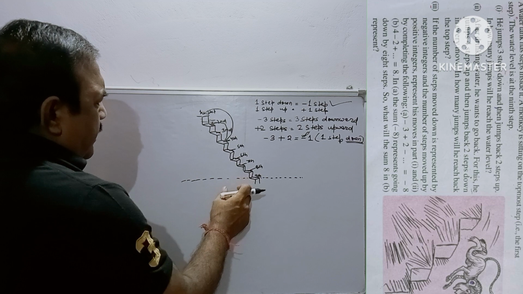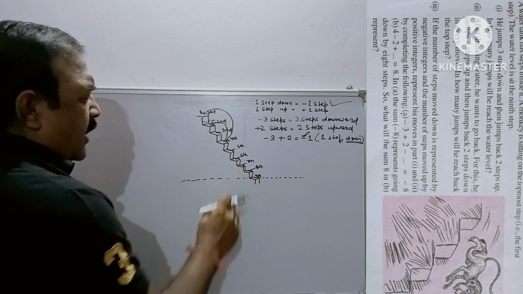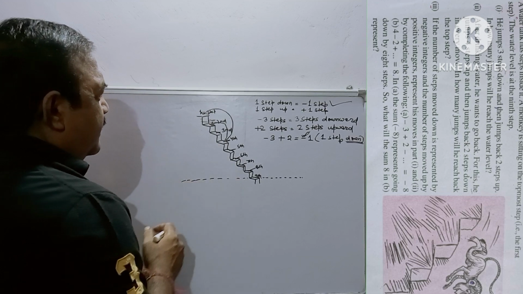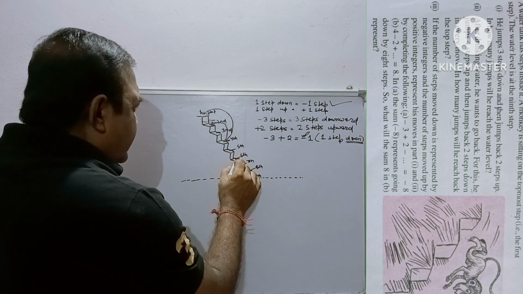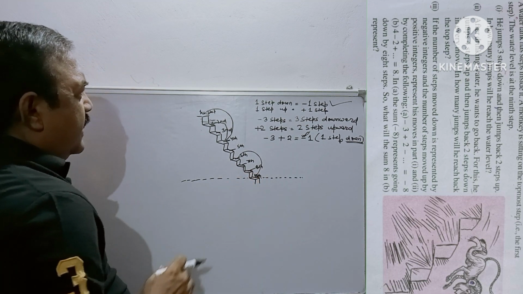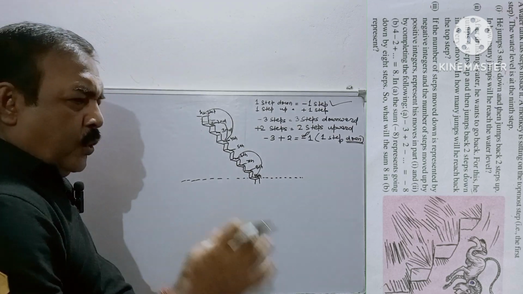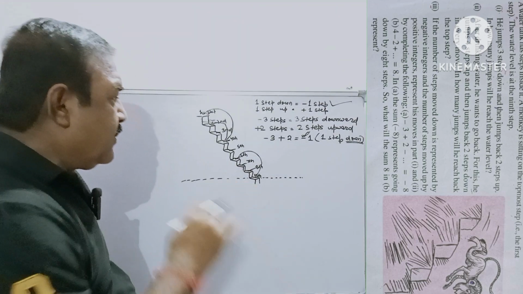So you see, when the monkey will be on the 9th step, there will be a single jump from 6th step to 9th step. Why? Now, when he steps down in a single jump, he moves 3 steps down.